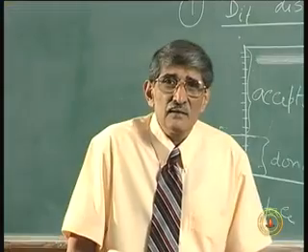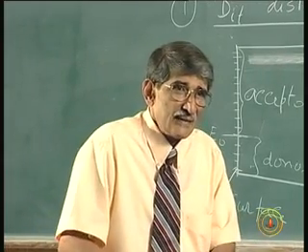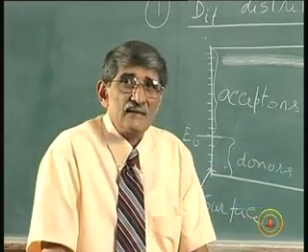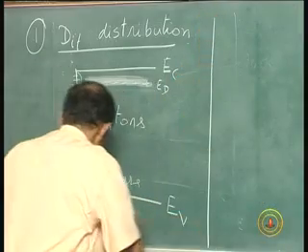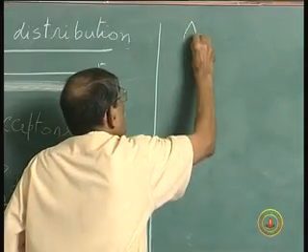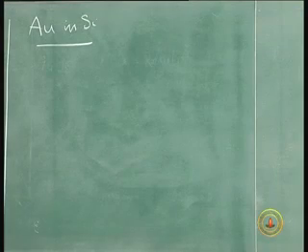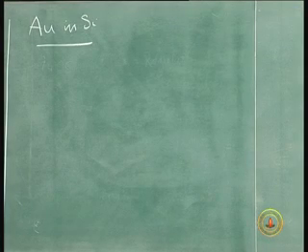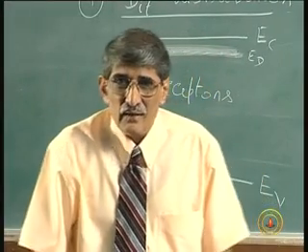Gold in silicon gives multiple levels, okay? Because that is very simple to understand. Once you understand that, you can easily understand this. Okay? Now, let us take a look at gold in silicon. Gold has got one valence electron, and it can go and occupy the lattice site in silicon very comfortably.